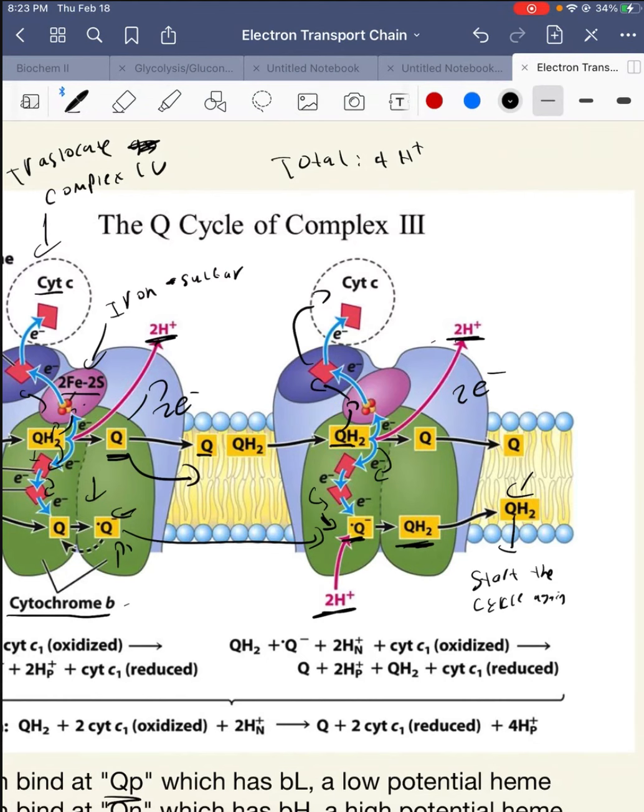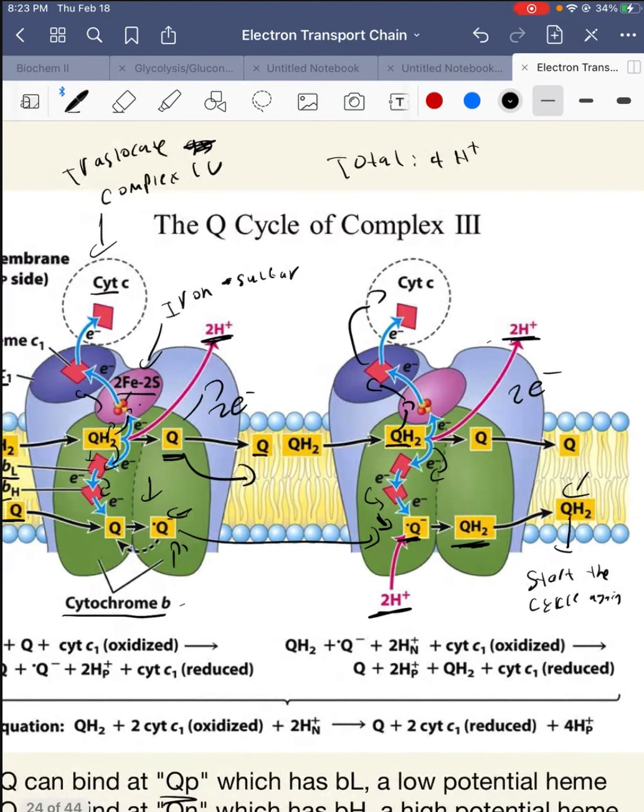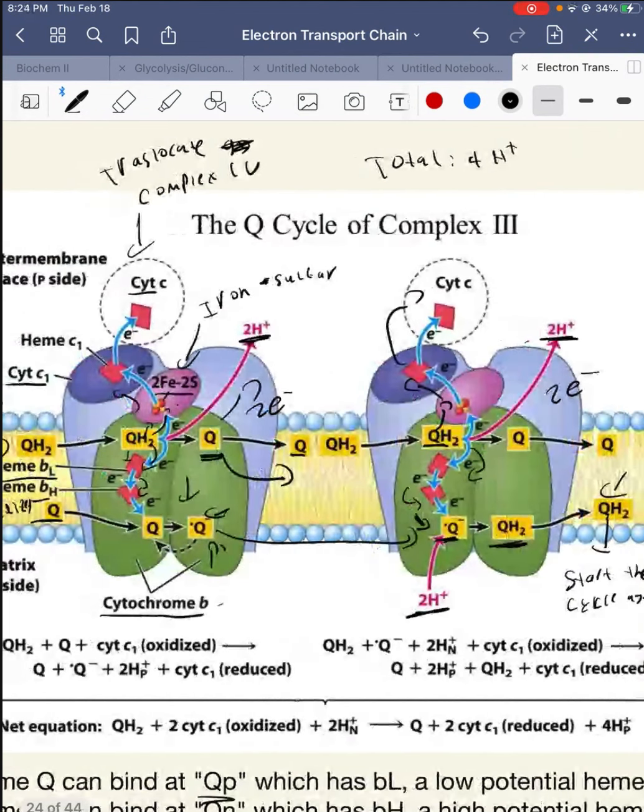Okay, I'll say that again. We used 4 electrons from coenzyme Q. We used 2 reduced coenzyme Qs, each one has 2 electrons, and each one gives 1, so that would be 4 electrons total. Each one gives 1 electron to cytochrome C, so we'll have 2 reduced cytochrome Cs.